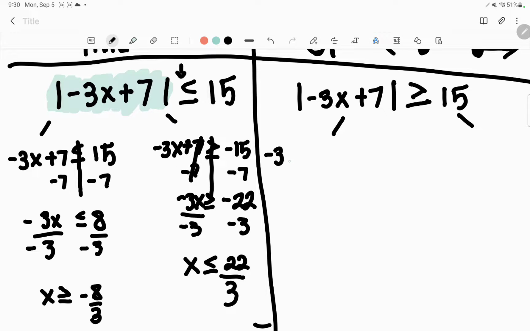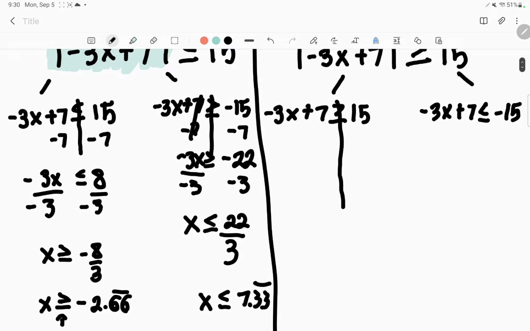So negative 3x plus 7 is going to be greater than or equal to 15, just like the original. The second one's going to be negative 3x plus 7 is less than or equal to negative 15. Just like before, I'm going to do exactly the same steps. And that's why I did them both the same.